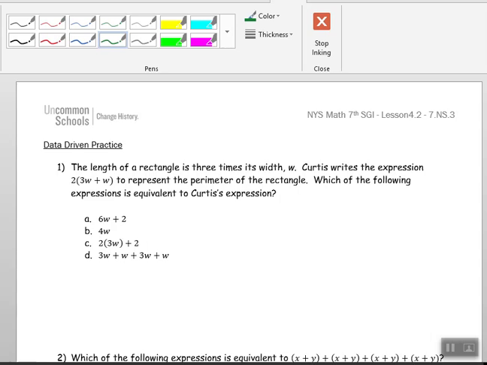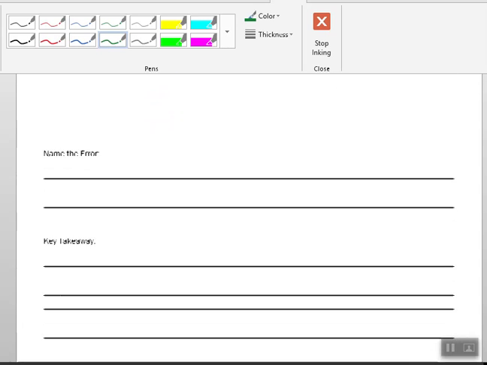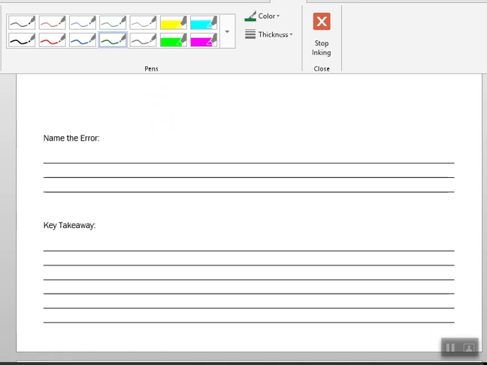Moving right along. All right, so we're going to name the error.